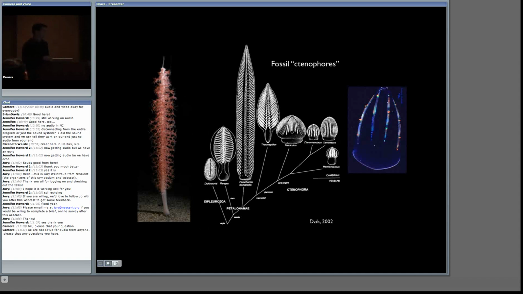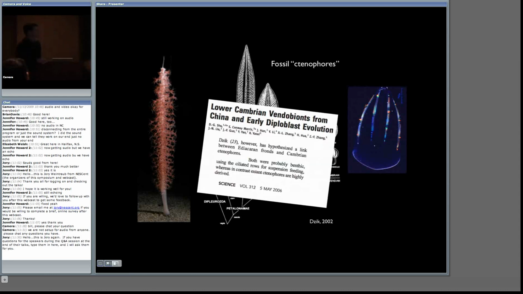So this paper got published. I hoped that it would die a quiet death and nobody would notice it. But actually, in 2006, that paper was cited as a link between these fronds and the ctenophores. They're saying that they were probably benthic and used their ciliated rows for suspension feeding. So they're basically saying that ctenophores are using these comb rows to somehow filter particles out of the water because there's a link between them and these polyps or something.